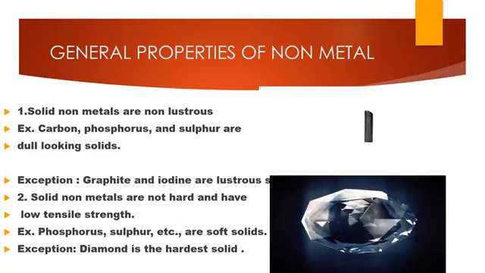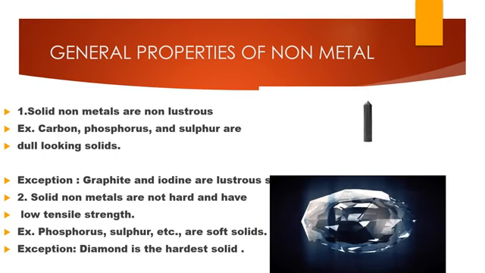Our second property: solid non-metals are not hard and have low tensile strength. So solid non-metals are not very hard. Metals have high tensile strength, that is, they are very hard in nature, but non-metals have low tensile strength.